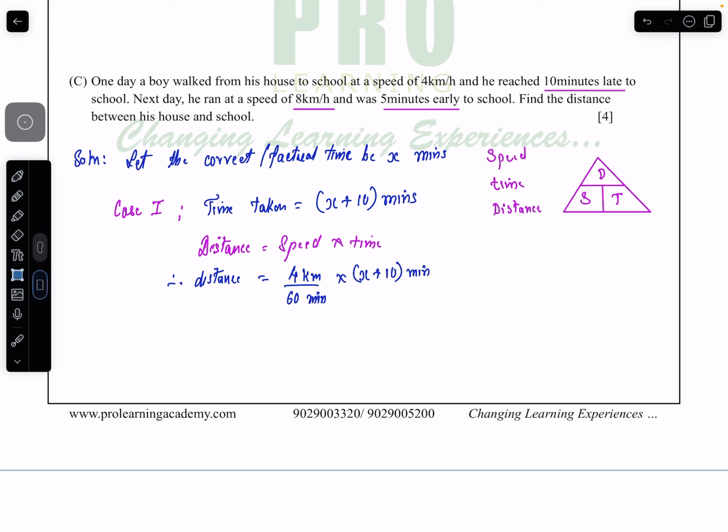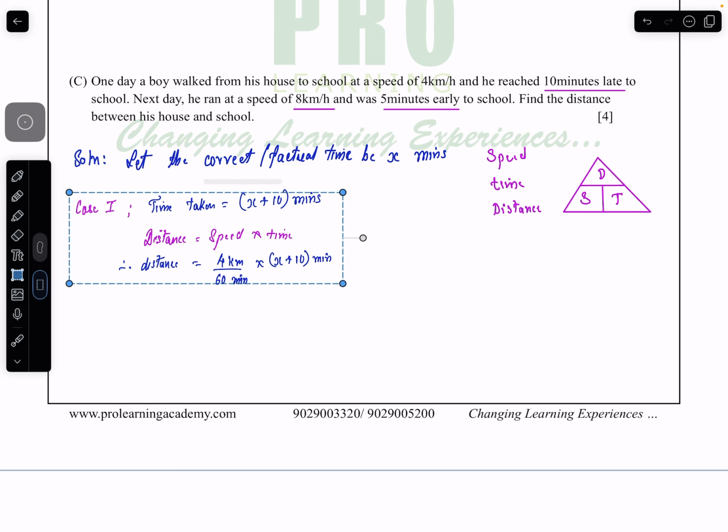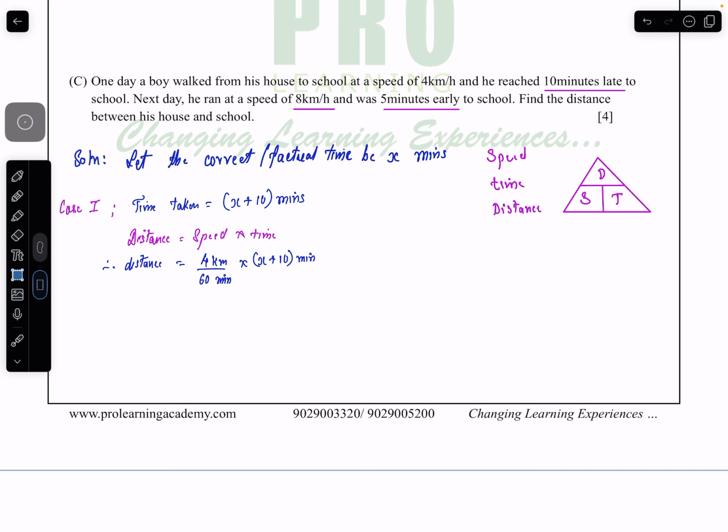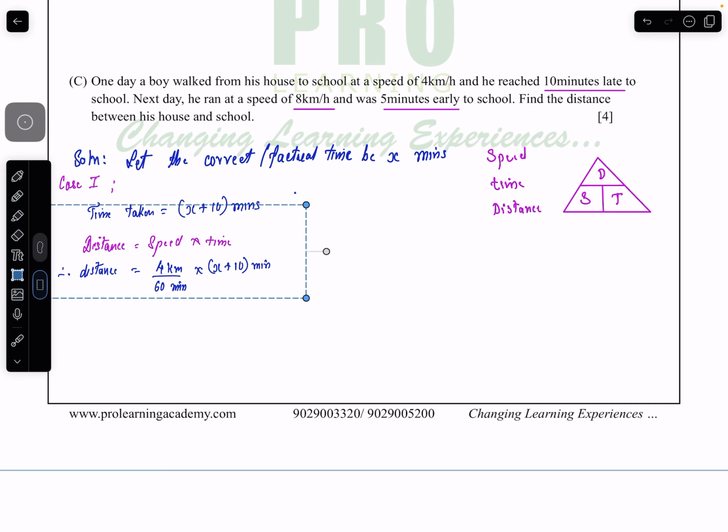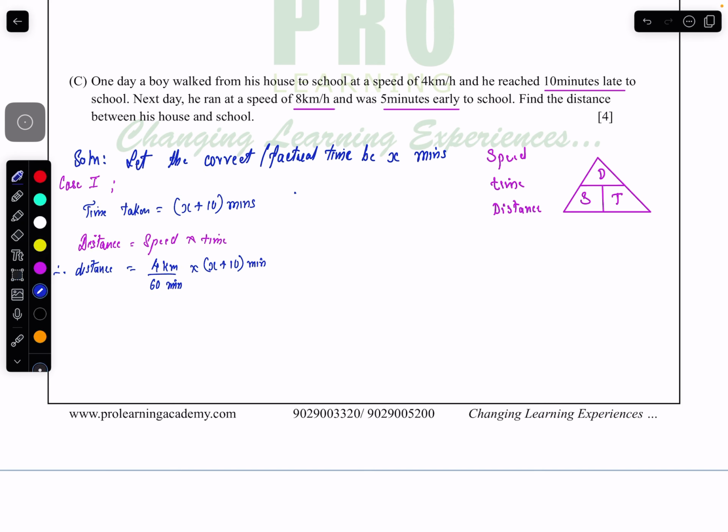So like we have done for case 1, in a similar way we will figure out for case 2 as well. We go to case 2 now. In case number 2, he reaches 5 minutes early.